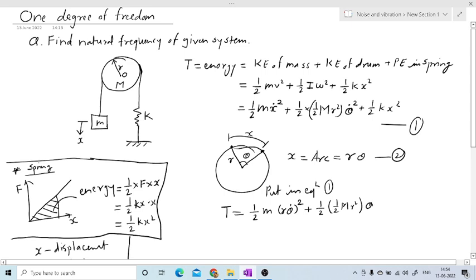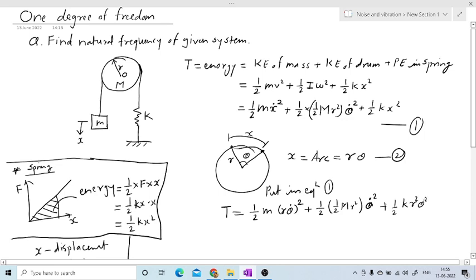See, we are transferring x into theta, so there is no need to change this theta. This theta will remain as it is, plus 1 half k into x. X is nothing but r theta. So r theta square. So r square theta square.